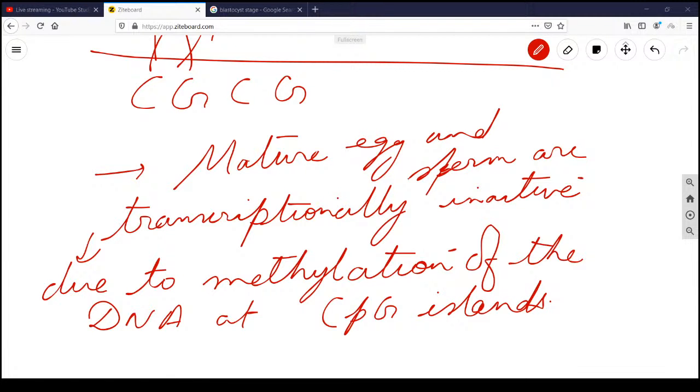Okay. So methylation is able to activate this gene expression, that is also known as epigenetic modification, right?